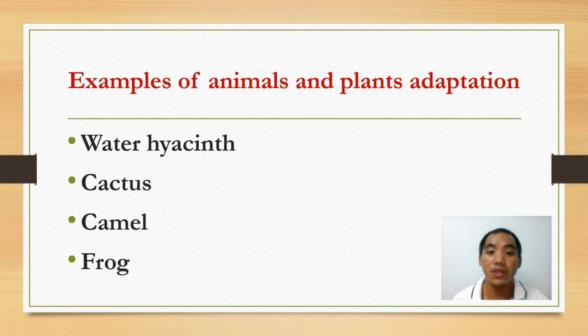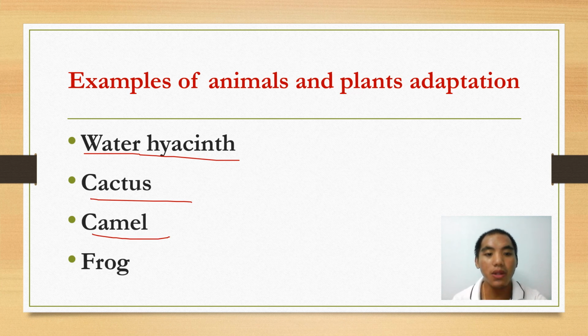We have here the examples of animal and plant adaptation. We have water hyacinth, which lives in water. Cactus that lives in the desert. Camel that lives in a desert at the same time. And then a frog that lives in both water and land.